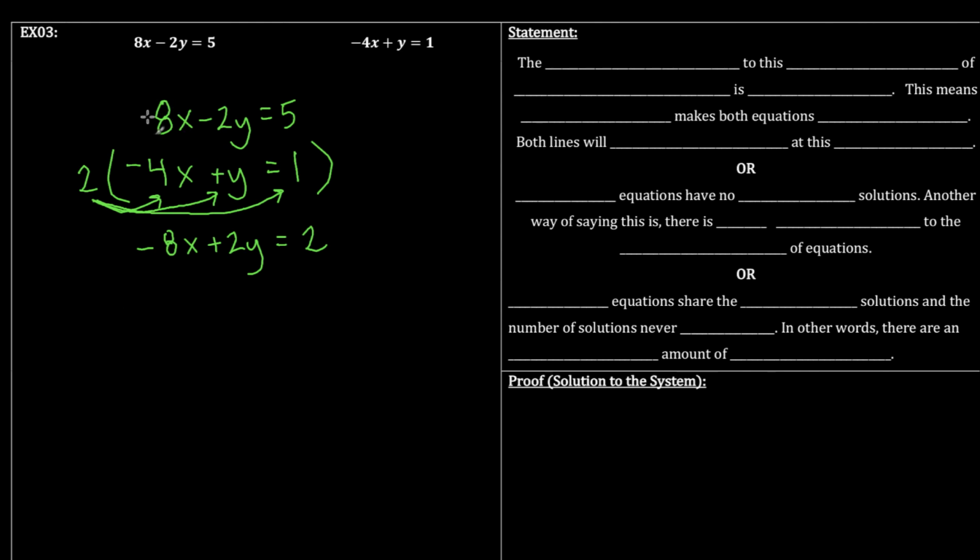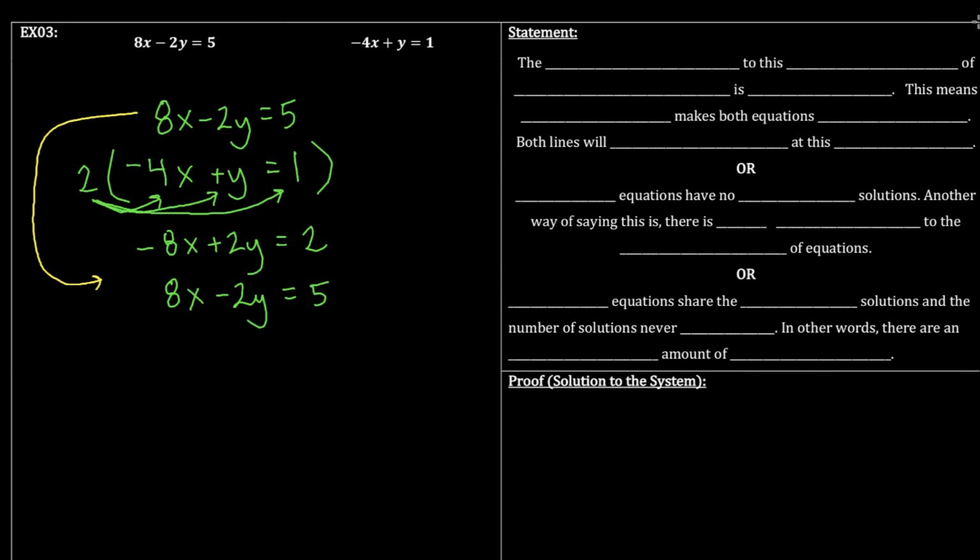I'm going to bring this one back down here. I guess I can show it to you like this. And I will write 8x minus 2y equals 5.